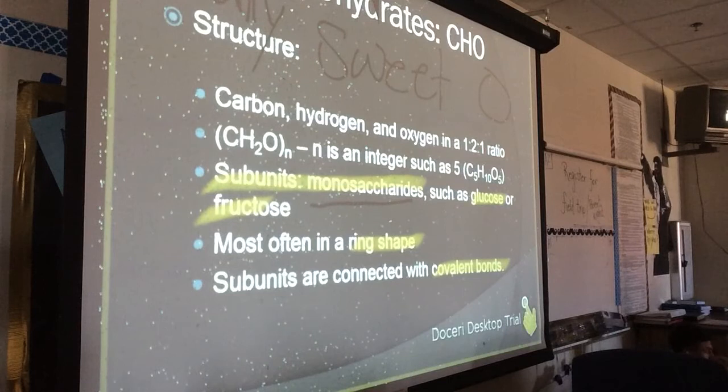What do you think we call them when they're put together? If we talked about monomers and polymers, what do you think we call it when a lot of carbs are in a chain together? How about a polymer? Polysaccharide, maybe? If it's a monosaccharide and it's one, and we put them all together, couldn't it be a polysaccharide?